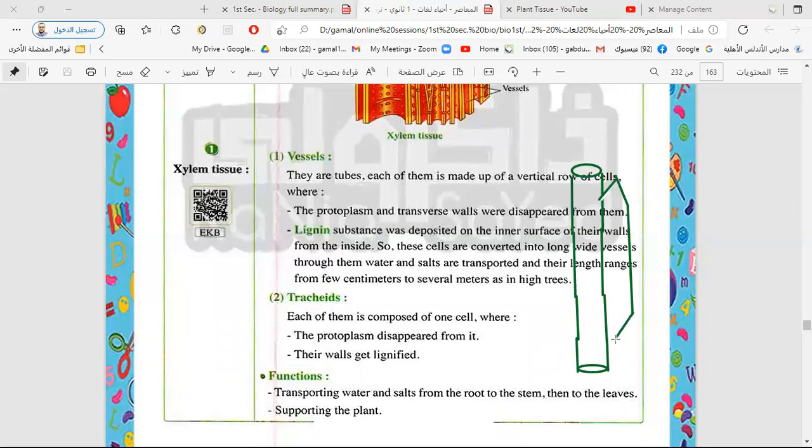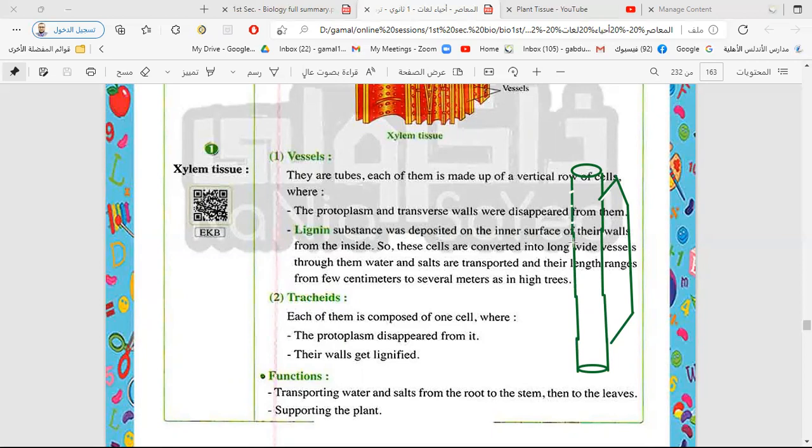They have a different shape from the vessels. And there are many pits or holes in the wall, and the cellulose and the lignin are found in the wall of these tubes. There are many pits or pores here in the wall.